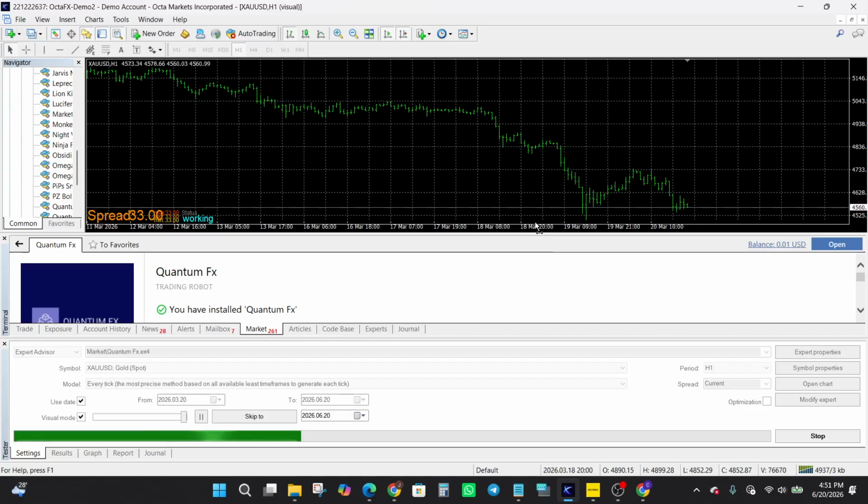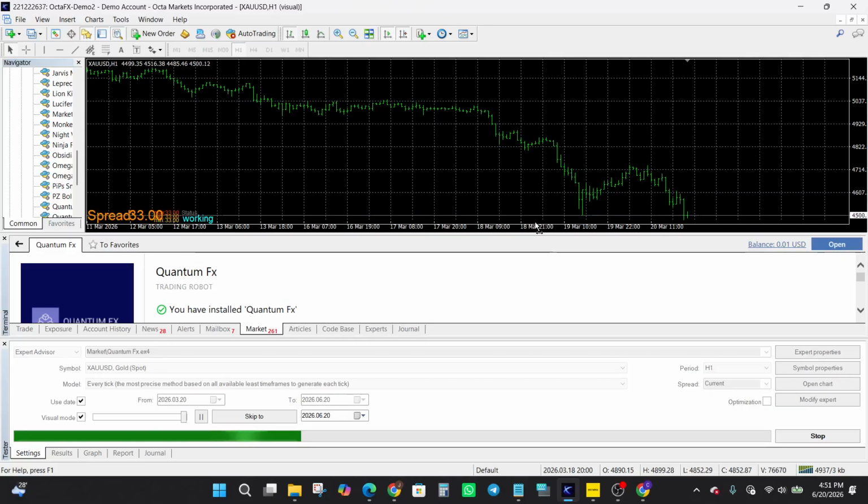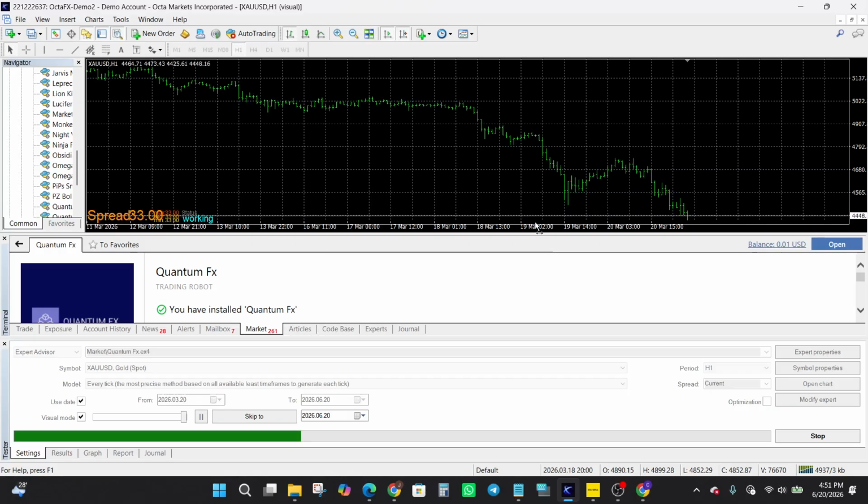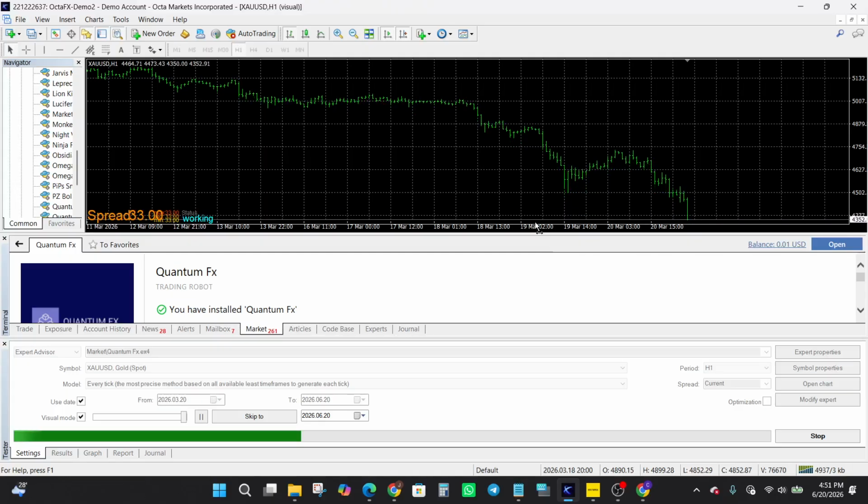And as always, historical backtest results should never be viewed as a guarantee of future performance. Results can vary significantly depending on the risk settings, the lot size selection, the broker execution, spreads, slippage, market conditions, and user optimization choices.